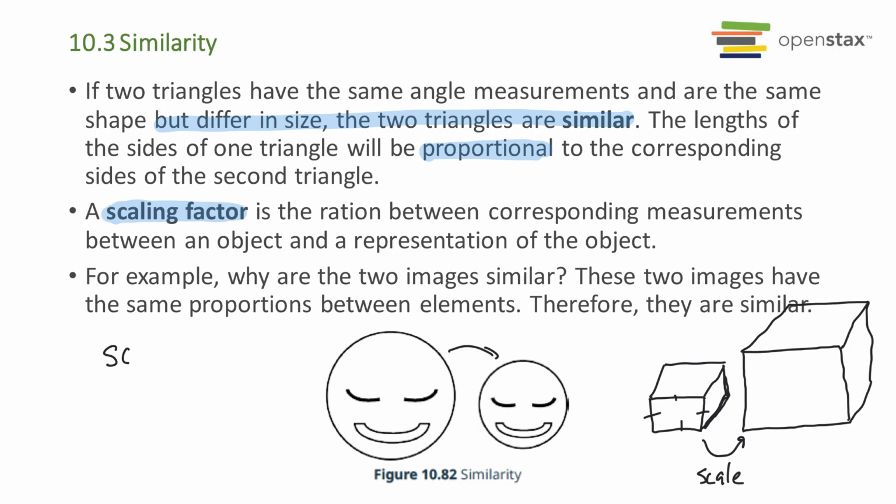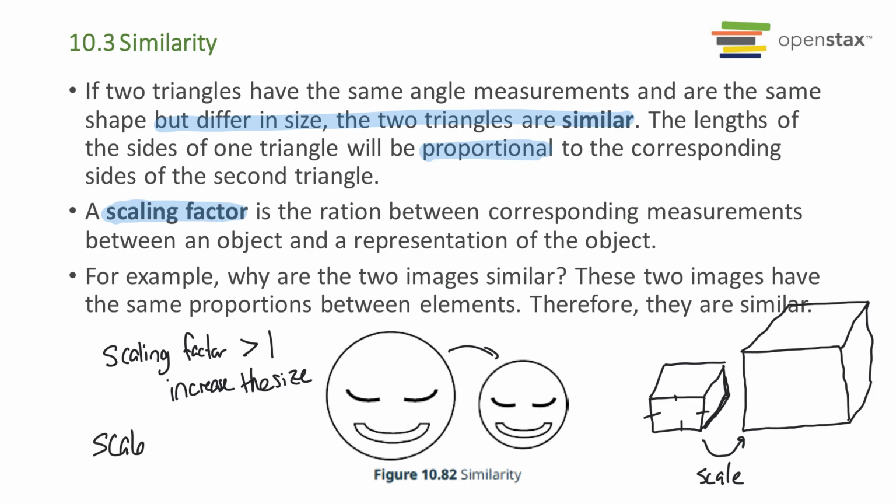So if a scaling factor is greater than 1, not larger than 0, they all should be larger than 0, but if it's greater than 1, this is going to increase the size. Right? So if you multiplied the height by 2, then you've doubled the size. That should make sense. It got larger.